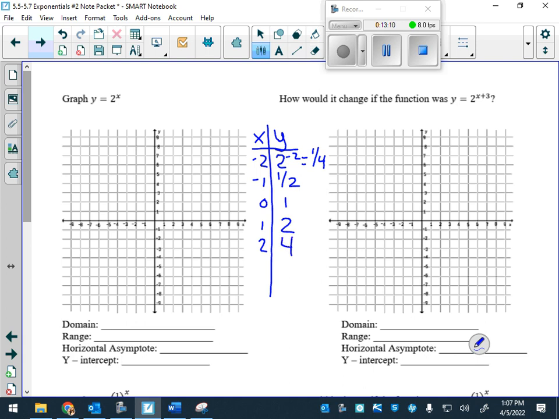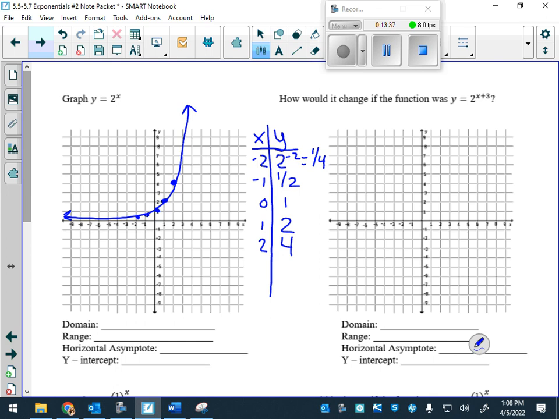So we're going to go ahead and graph those. Okay. Obviously, for the fractions, do the best you can. Okay. So -2, 1/4, -1, 1/2. Okay. And remember, this is what the graph looks like.